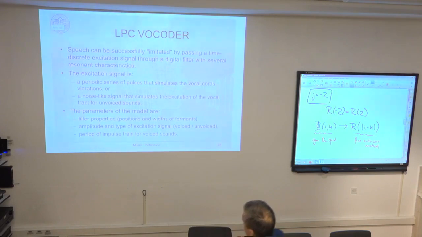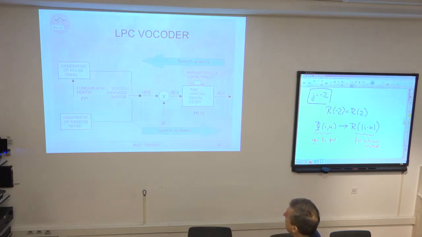And this is nothing else but the basis of the so-called LPC vocoder. The LPC vocoder is this kind of structure. It has this reconstruction filter H of Z, whose coefficients, alpha 1 to alpha p, were found through linear predictive analysis.